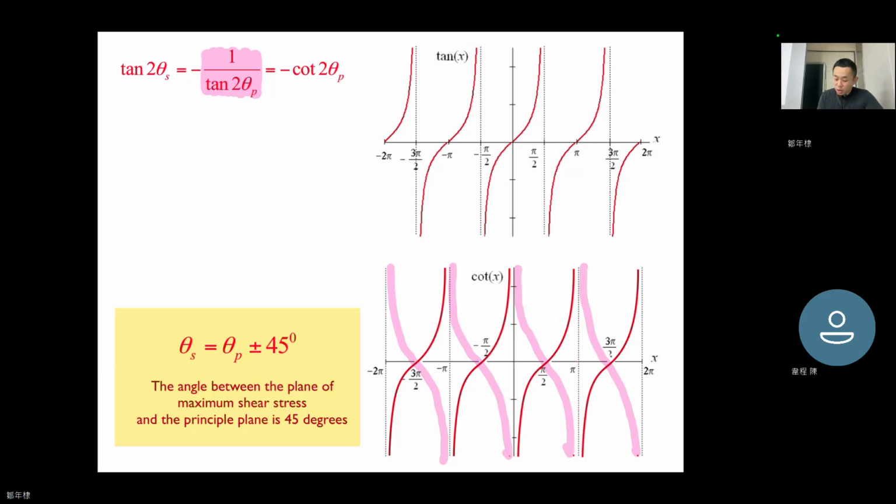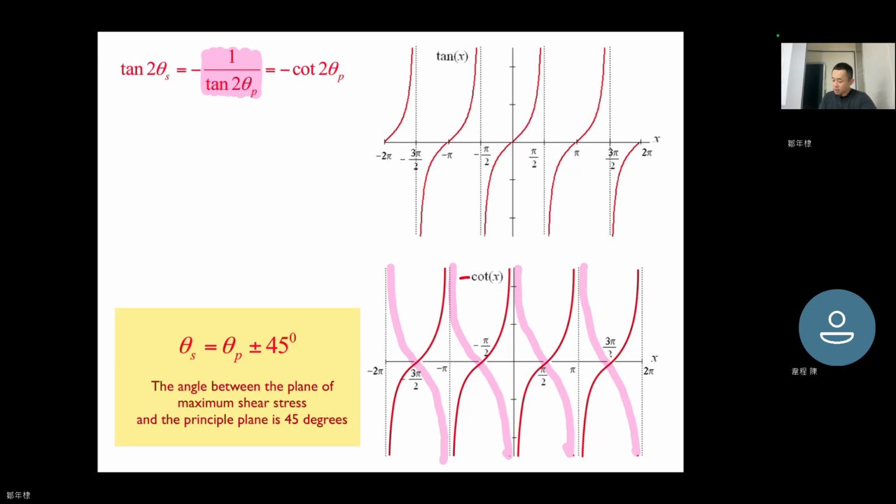And then your purpose is to get to here, right? So all you need to do is add another negative sign to the pink line. What is the result if we add a minus sign to the pink line? Just reverse it, right? So this red curve will be minus cotangent x.